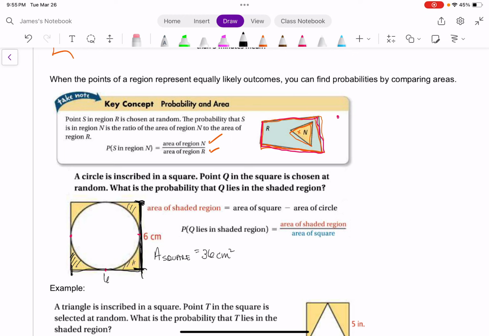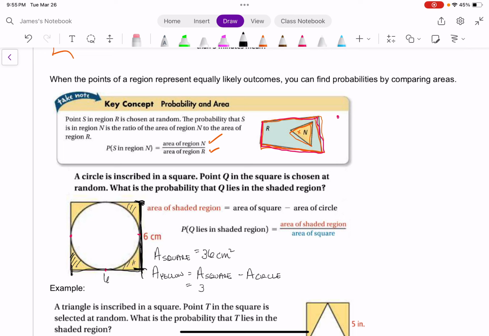Now, if I wanted to find the area of the yellow, I don't have a specific formula for that other than saying it's going to be the area of the square minus the area of the circle.